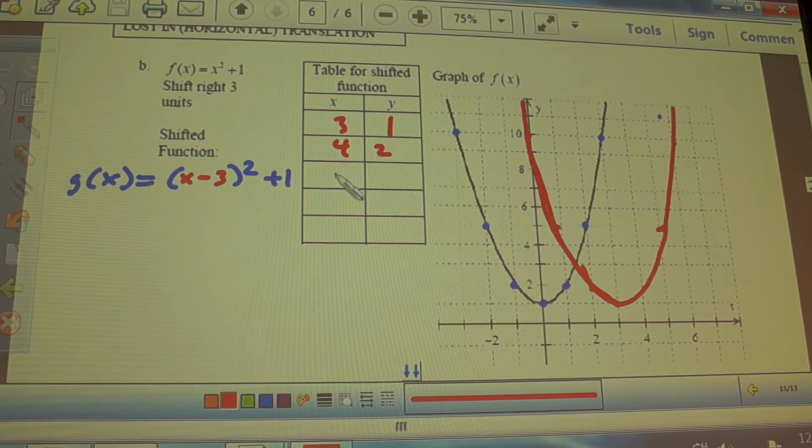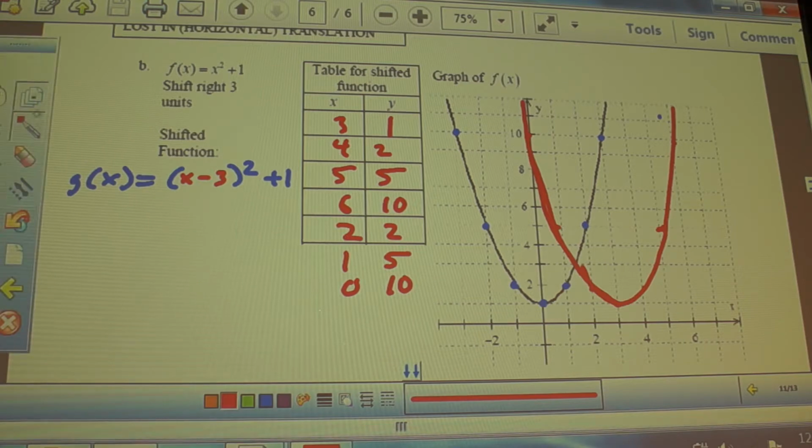Did you guys get 5, yeah. 6, 10, or you might have gone the other way and gone 2, 2, or you might have gone 1, 5, or you might have gone 0, 10. But you would have had 5 of those points, right? Yeah. Pick your points, whichever.